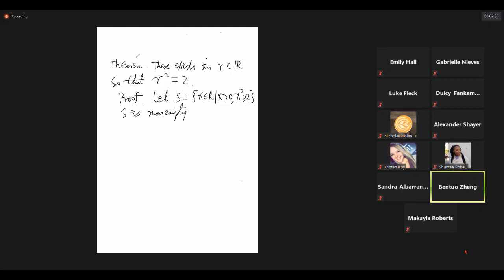This is clear because the number 2 is in the set. 2 is greater than 0, and 2 squared is equal to 4, which is greater than or equal to 2, so S is non-empty. And second, S has a lower bound.